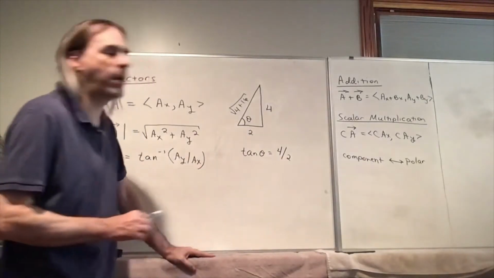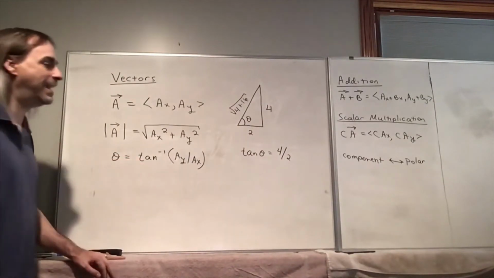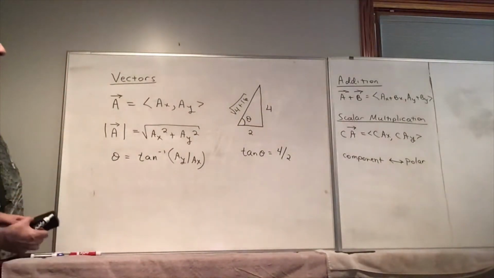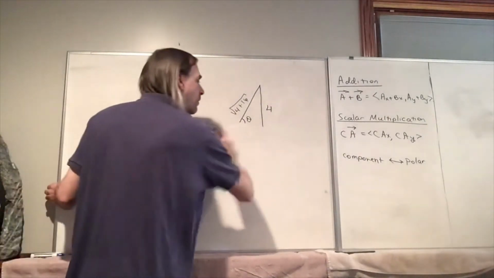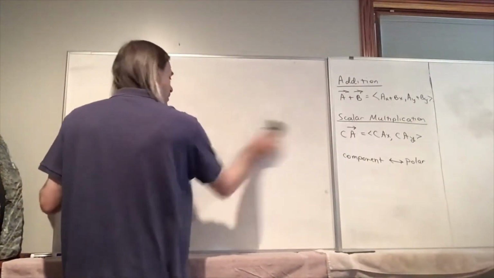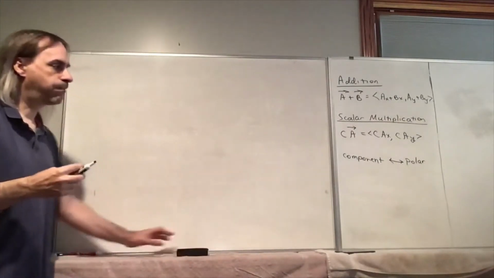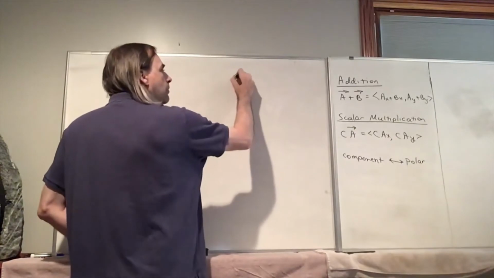Unfortunately, it's not quite as easy as it looks. And the reason why is this inverse tangent, which is a bit of a problem. So I'm actually going to erase this. Let's look at inverse tangent. Let's look at this example. I'll keep this vector here.